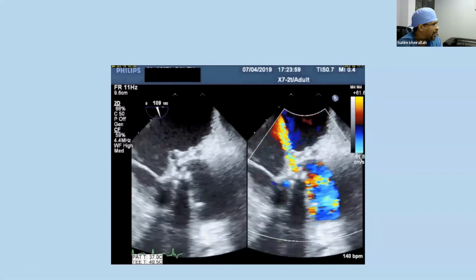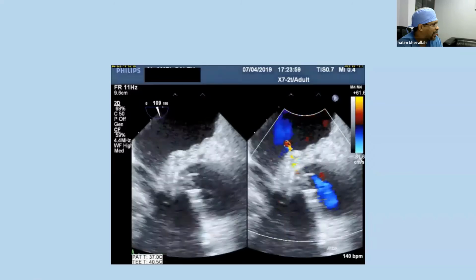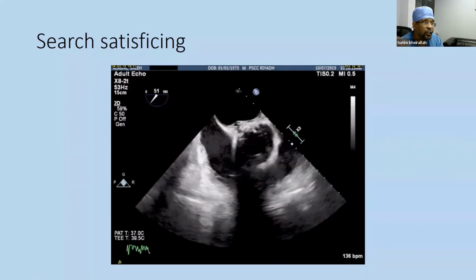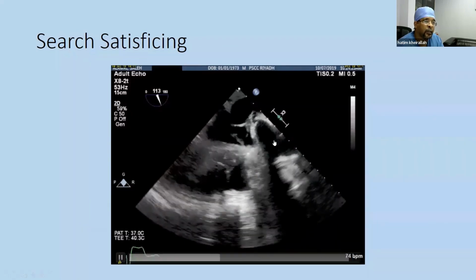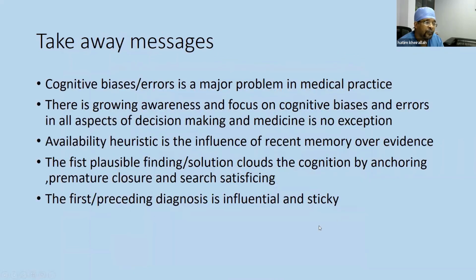But when I went back, the chance to pick up a second and a third abnormality drops significantly. So now this is the vegetation and the fistula.